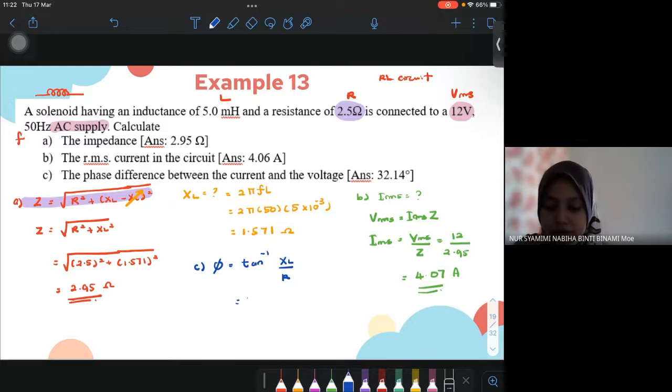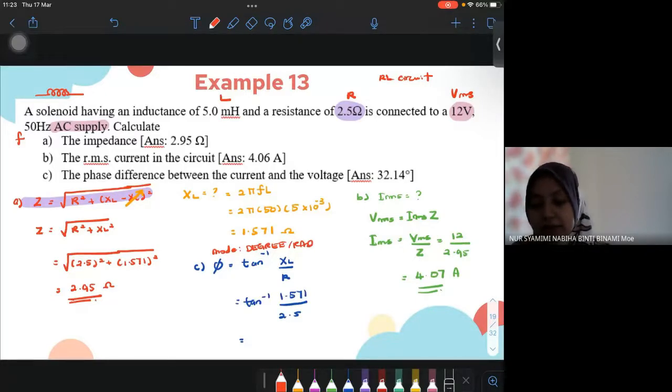So phase shift tangent XL kita dah kira tadi 1.571 over R, which is 2.5. Okay. For this one, calculator tak apa je dalam mode degree. You don't need to change to radian. For the radian pun tak ada masalah juga. Okay. Tapi biasanya degree. Like, berapa kita dapat? The phase difference.